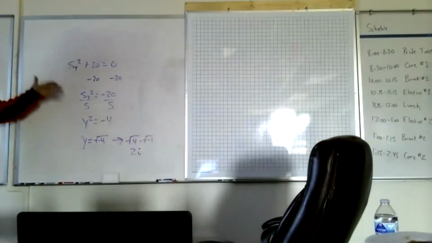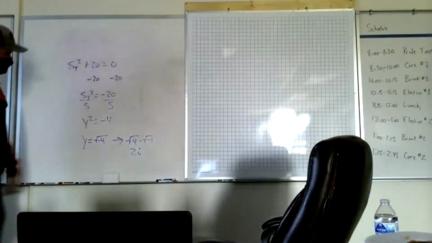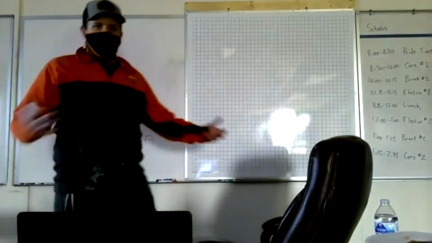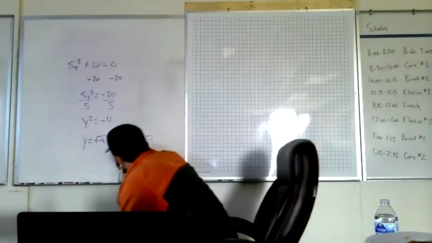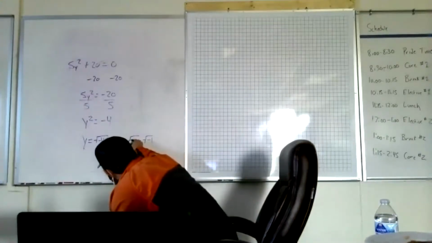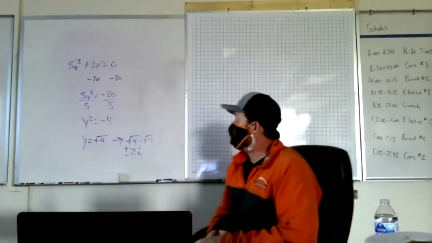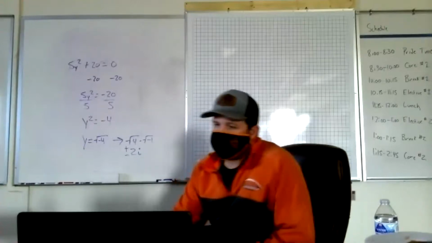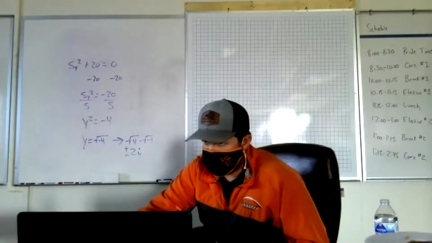Just isolating the variable like you know how to do. Oh, hang on, I have to go plus or minus, because we use the square root sign. We're just adding in the possibility of taking the negative square root or the square root of a negative number.